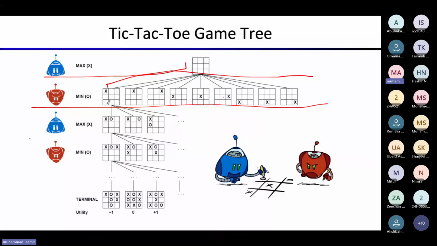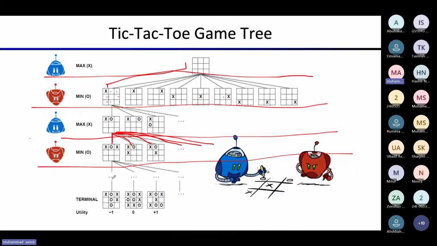So O has 8 options left. 1, 2, 3, 4, 5, 6, 7, 8. So O can place any of these. And then next, for example, these are the three possible states we selected for the O. Of course, there will be eight possible next states, successor states, transition states from this state. And after this, we again have the X player's move.